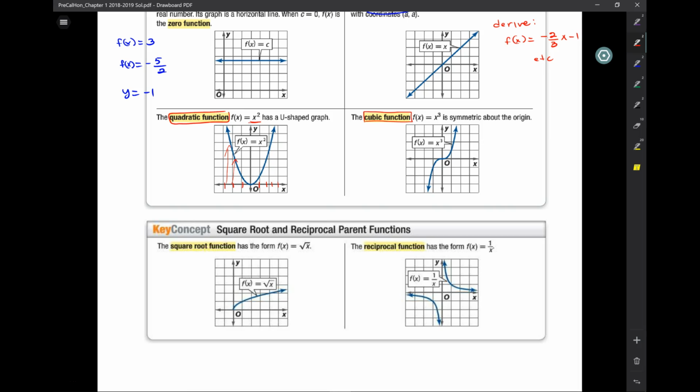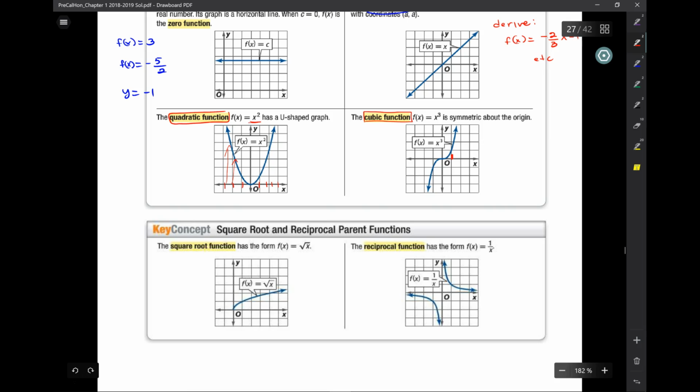Also, it means if it goes up on the right side, it should also go up on the left side, right? They have to be facing vertically the same direction on the right and left because they're squared the same way. Cube, though, take a look at what happens.